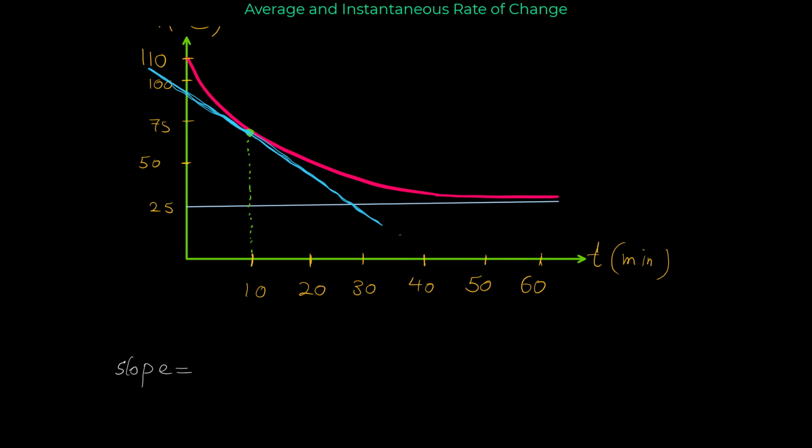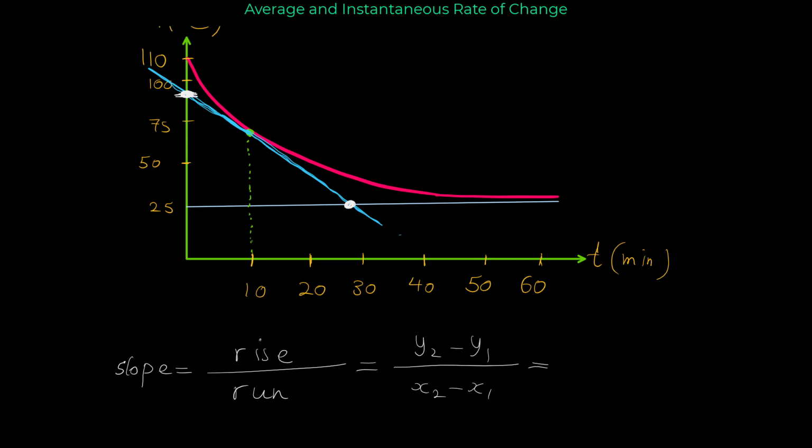is equal to rise over run. Rise is y2 minus y1 over x2 minus x1. For example, I consider this point and this point as the 2 points that I want to use for estimating the slope of the tangent line.